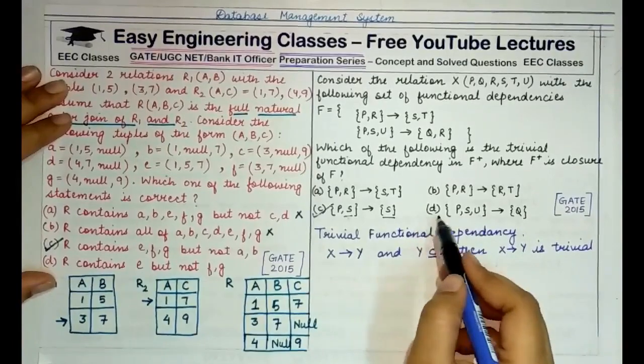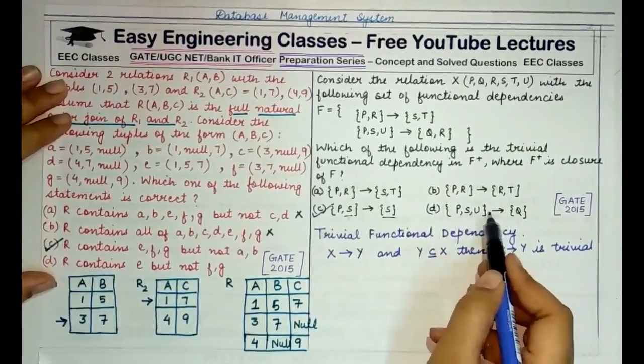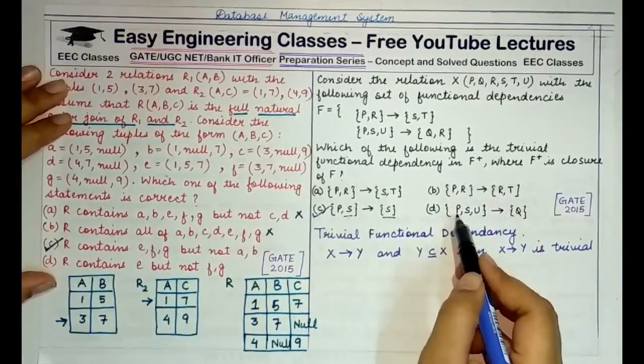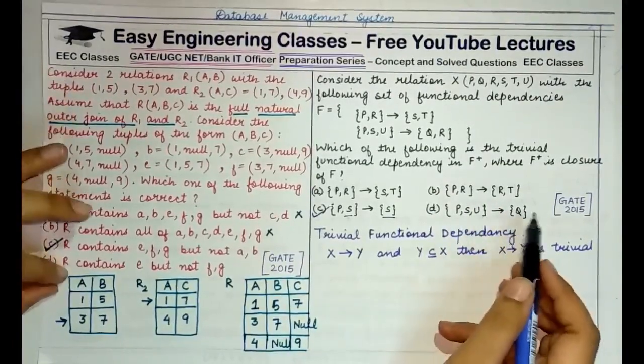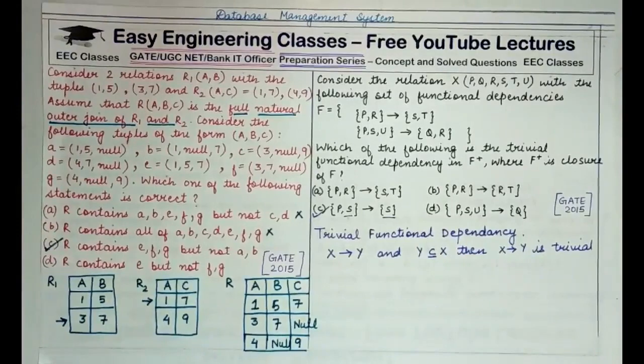Even if you need to check D, P comma S comma U determines Q. Q is not a subset of the left hand side, hence it is not trivial. So this was a very simple and direct question, and such questions are very easy to gain marks in your exams. So you need to be very clear about your concepts in such.